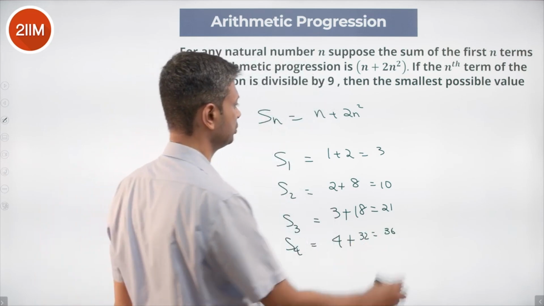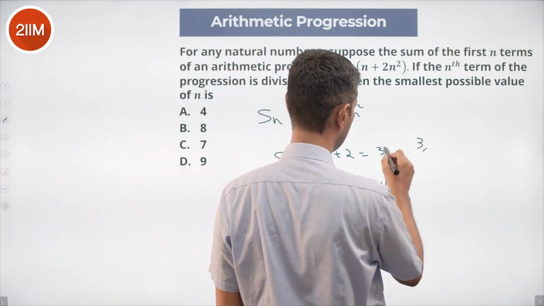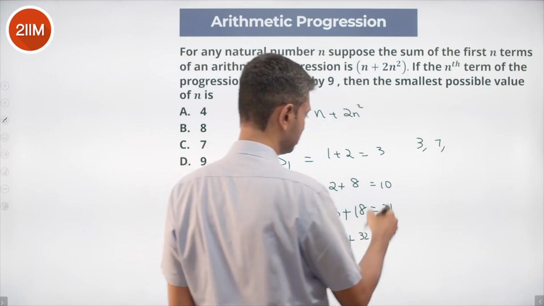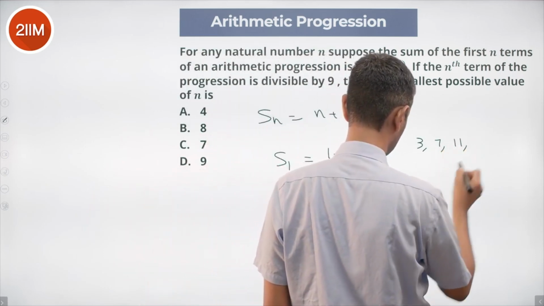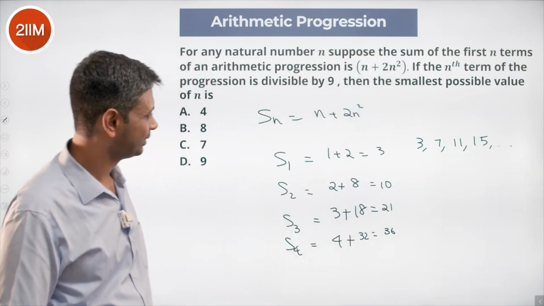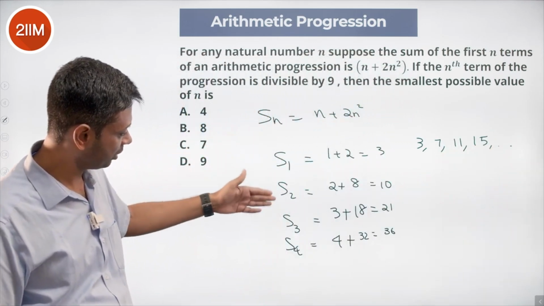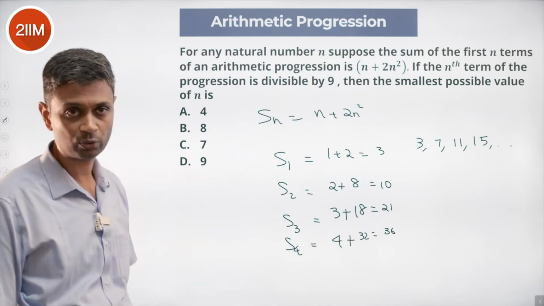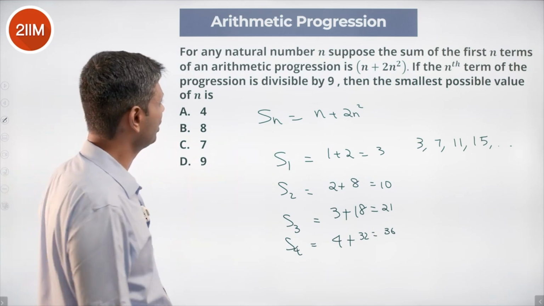Or the first term is 3, second term is 10 minus 3 is 7, third term is 21 minus 10, 11, fourth term is 15, and so on. Done. First term is the sum up to one term; for the second term, subtract this minus this; this minus this is the third term; this minus this is the fourth term. So we've got our sequence.